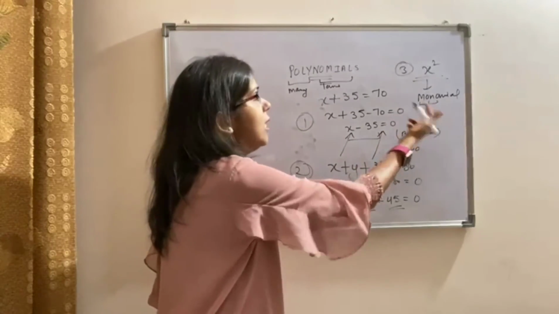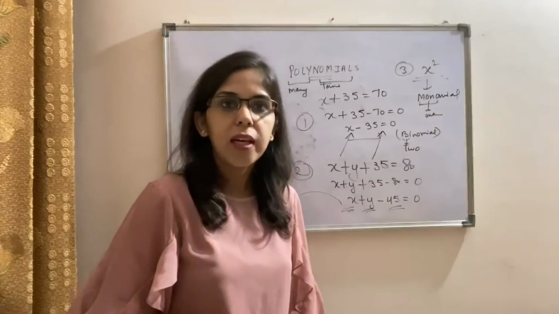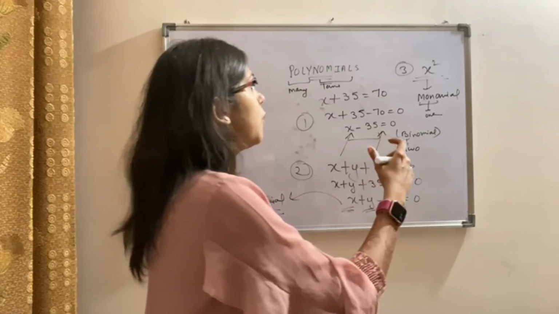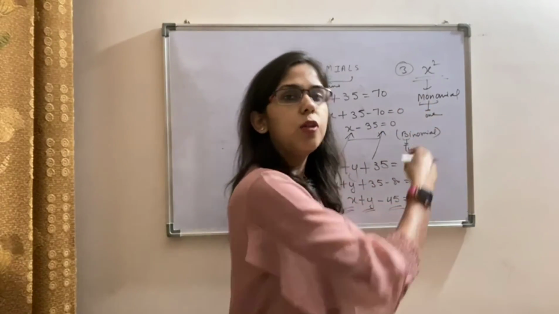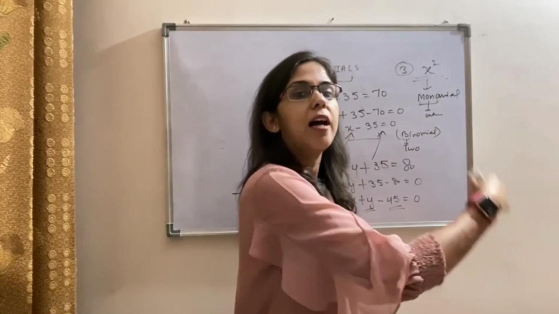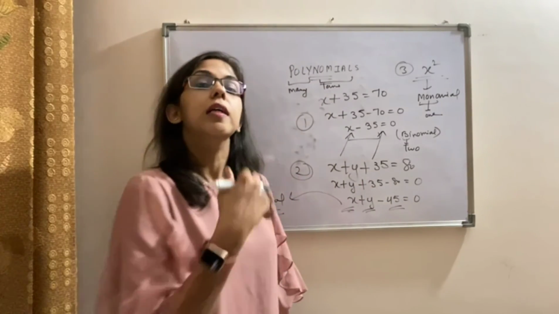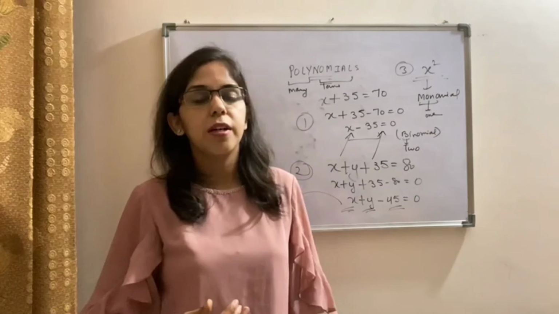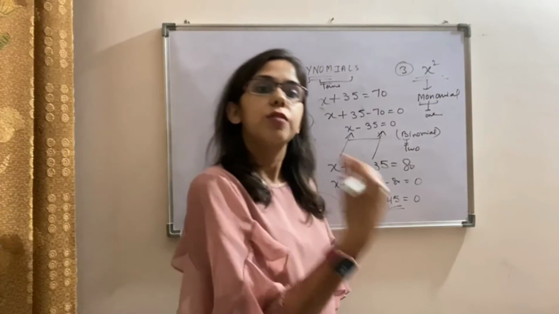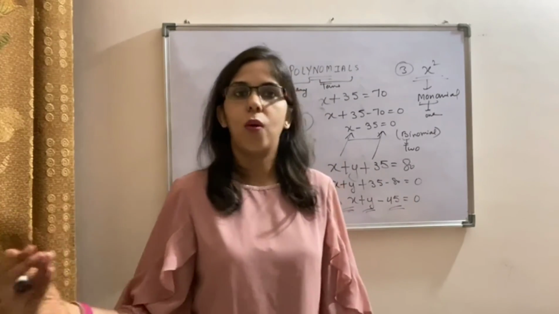This is a polynomial. This is a polynomial. Okay? So when your polynomial has one term only, you will categorize it further as a monomial. When it has 2 terms, you will categorize it as a binomial. If it has 3 terms, you will categorize it as a trinomial, and so on.